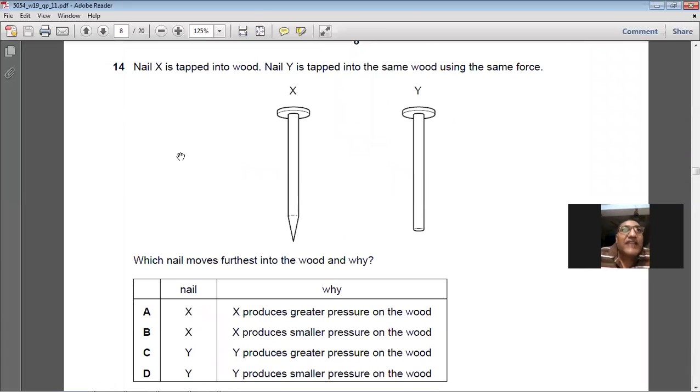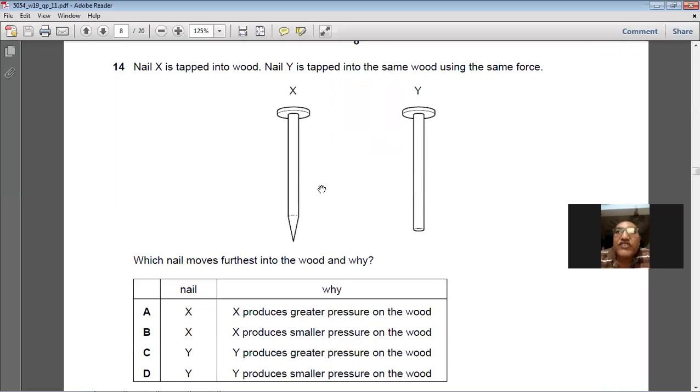Nail X is tapped into wood. Nail Y is tapped into the same wood using the same force. Which nail moves furthest into the wood and why? The contact area with the wood of this nail will be very small, and the contact area of this nail with the wood will be larger.